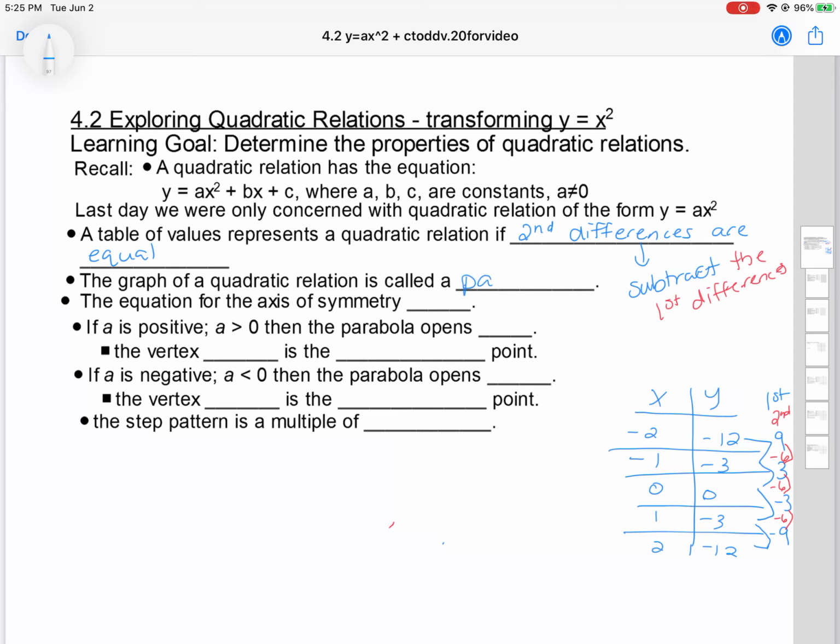You can also look at the graph. The graph of a quadratic relation is called a parabola. The equation for the axis of symmetry of the base parabola is x equals 0.